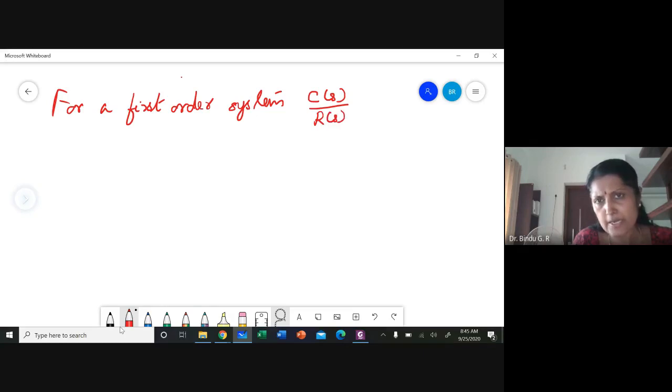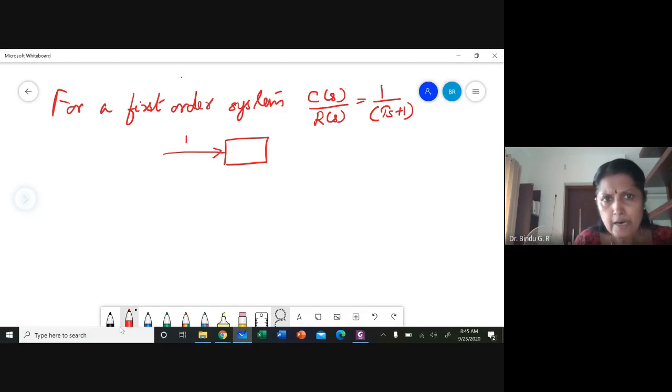CS is the output, RS is the input, is 1 by TS plus 1. Or I can put that as a block, RS is the input, output is CS, and this is 1 by TS plus 1. This is the first order system.